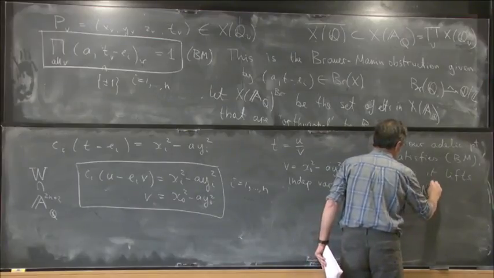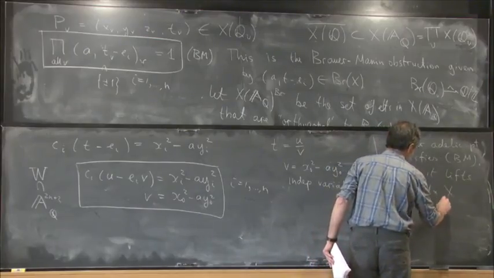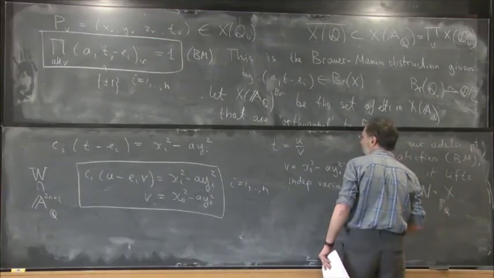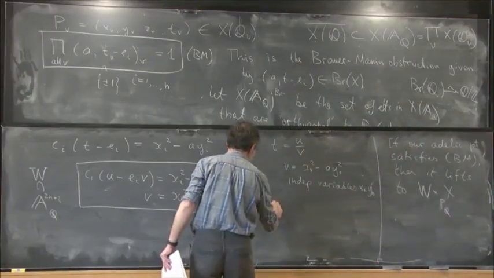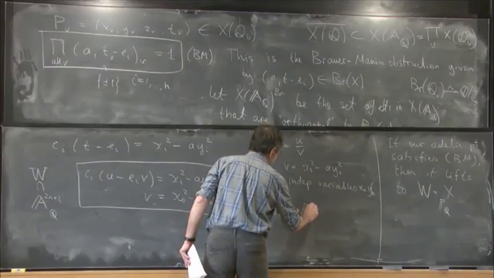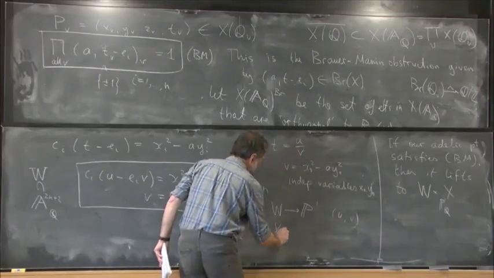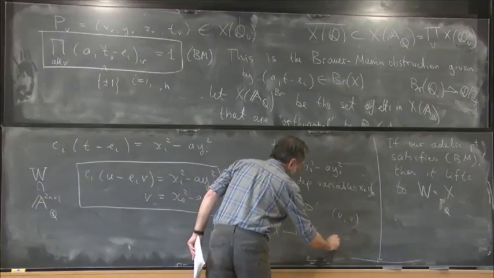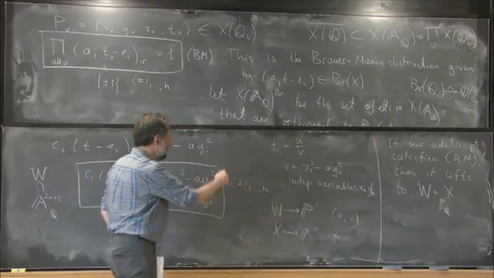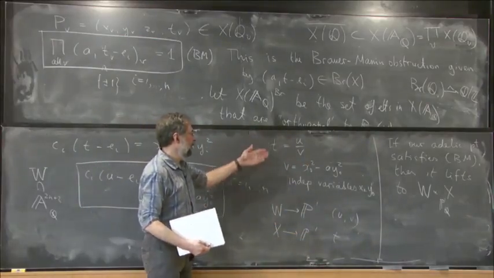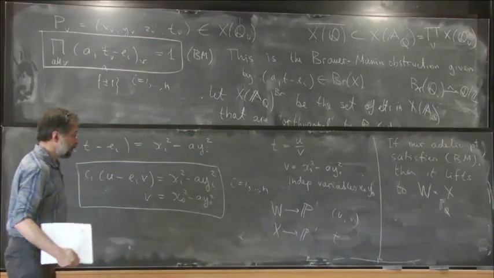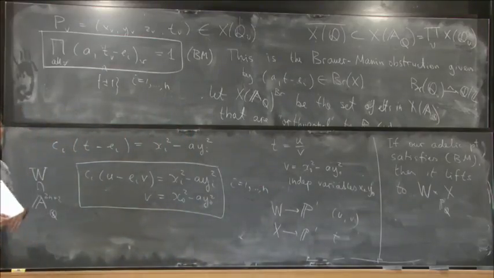an adelic point on the fiber product of W and X over P1. The morphism from W to the P1 I'm talking about is given by u and v, and X, as always, has the morphism given by t, so t, u and v are related like this. Somehow what we're doing here is translating the Brauer-Manin condition into a certain liftability property.